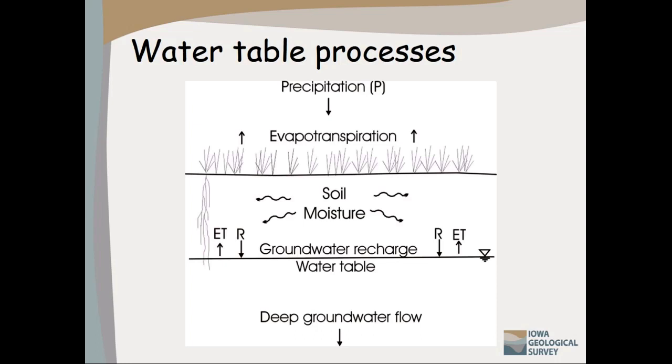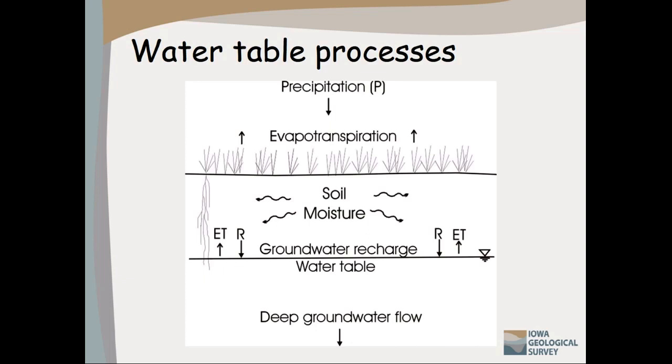But the water table is something I think is worth monitoring because it integrates a lot of processes. From precipitation, recharge into the aquifer, we get processes associated with soil moisture. We can infer some processes there based on how the water table behaves. We can look at groundwater recharge. The R is recharge into the water table.